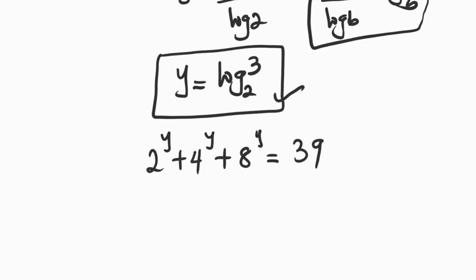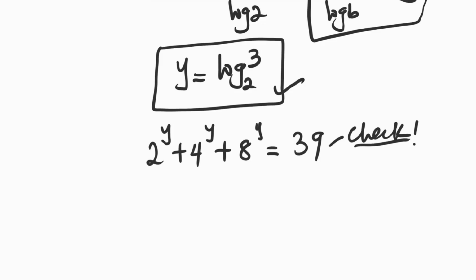Now, let's check in order to validate our answer. So let's see if our answer is correct. We need to plug in the value of y into our initial equation to see if, when we add up everything on the left hand side, we get what we have on the right hand side.